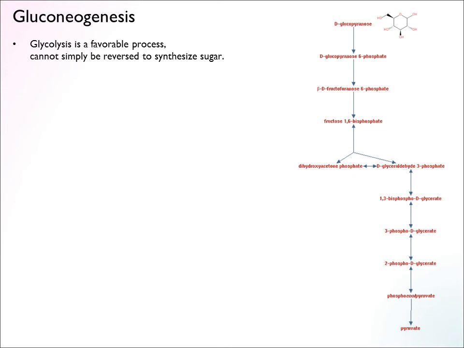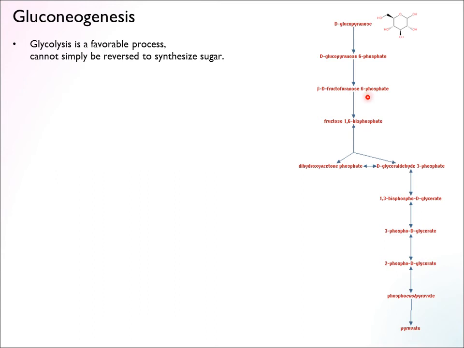Once you've done that, a lot of the reactions in glycolysis are pretty much reversible. So it turns out that you can go all the way up to here, up to the doubly phosphorylated fructose, the bisphosphate. That's okay, that can happen on its own. But then you need to bypass a couple of steps.